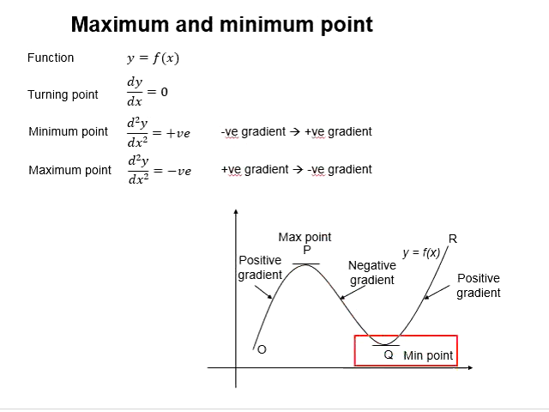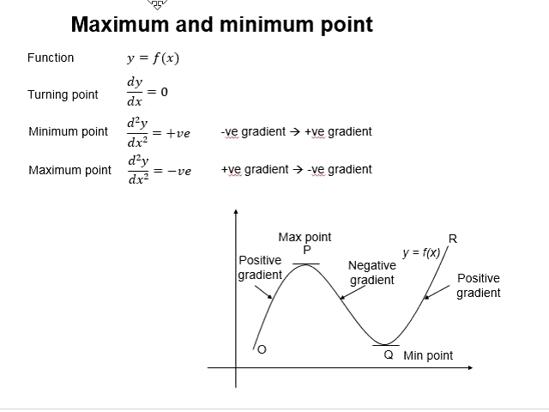As for the minimum point here, there will be negative gradient before the point and positive gradient after the point. The negative gradient will reduce gradually until a state of zero gradient, and then the gradient increases in the positive region.